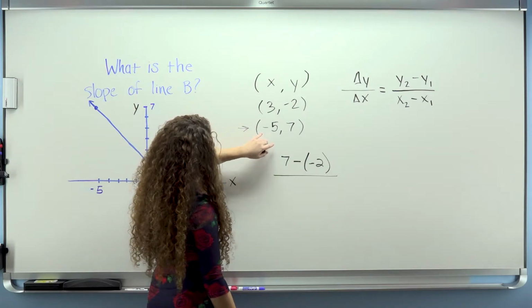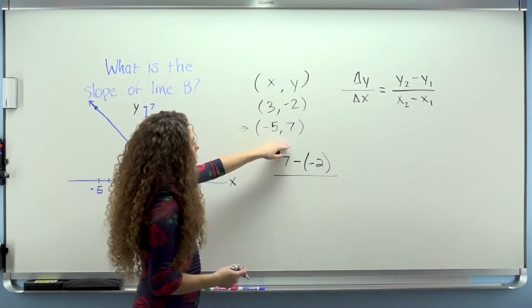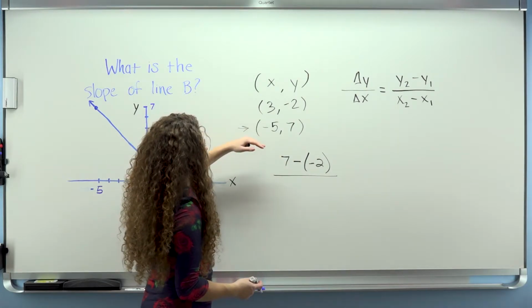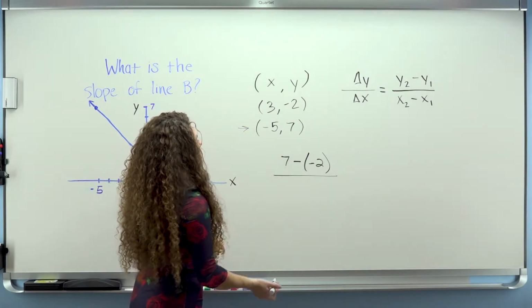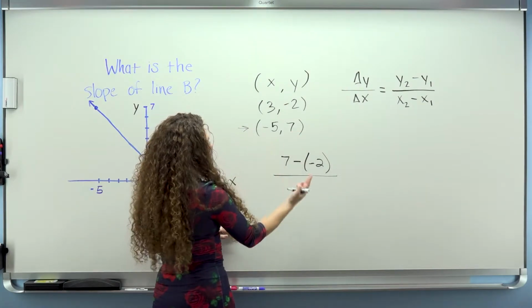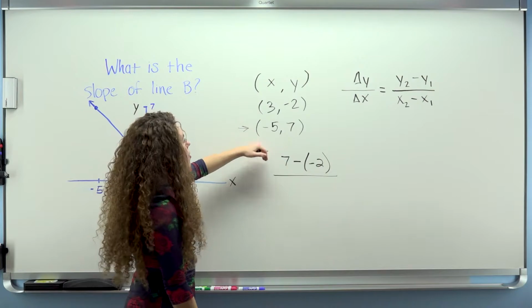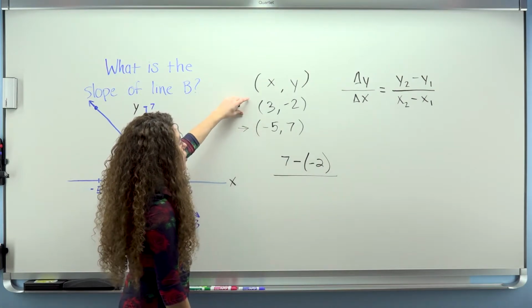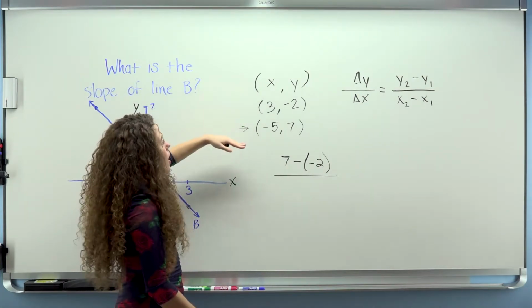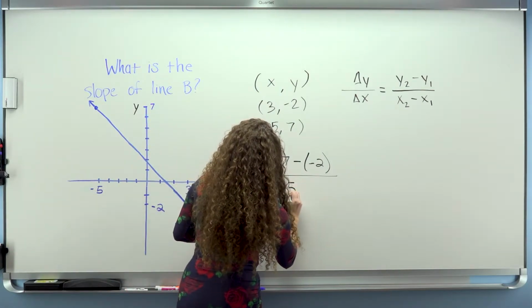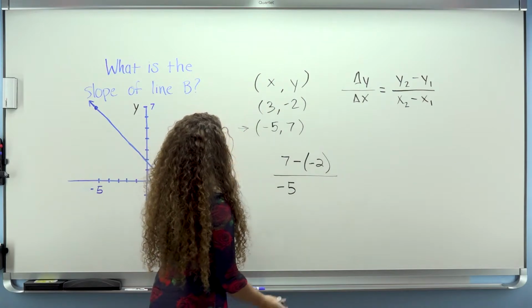So we look at the x's, and again, because we picked this coordinate point to use first, you have to stick with that, okay? Because I used this one first for the y, I would have to use this one. If I started with this coordinate value now, it would not work out correctly. So then we would have -5 minus 3.